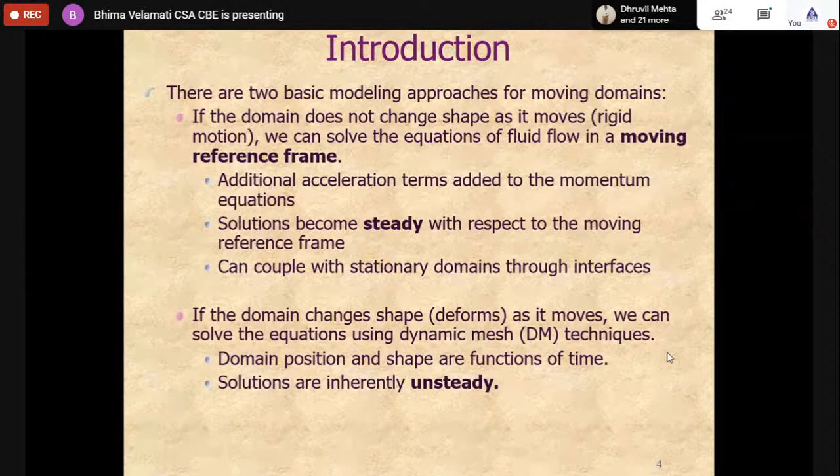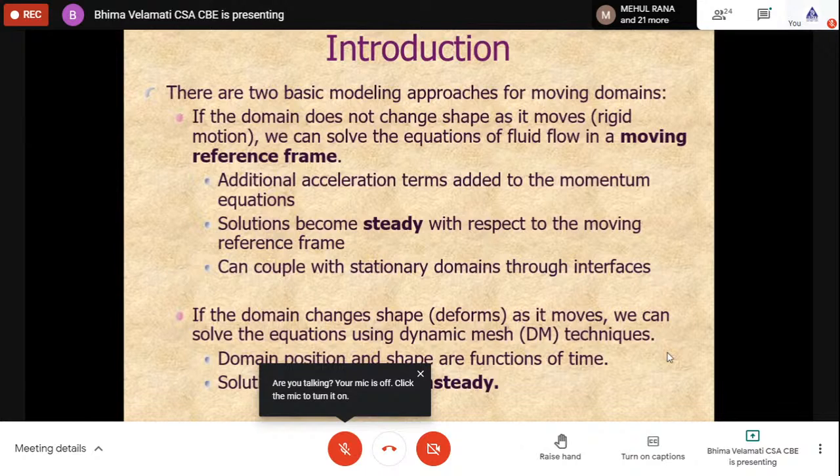The second approach is where your domain's shape is changing or deforming. That is called the dynamic mesh approach, where the grid would deform or move with respect to time. Inherently, the dynamic mesh approach is usually unsteady.